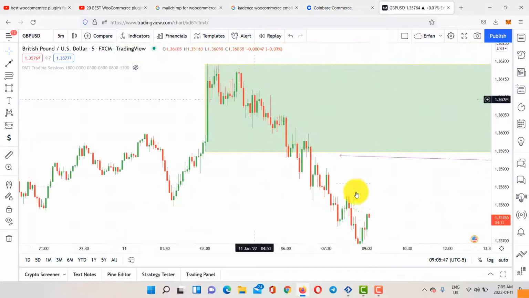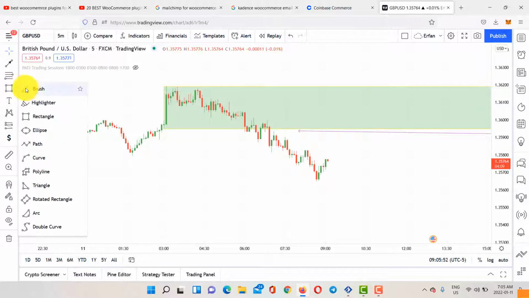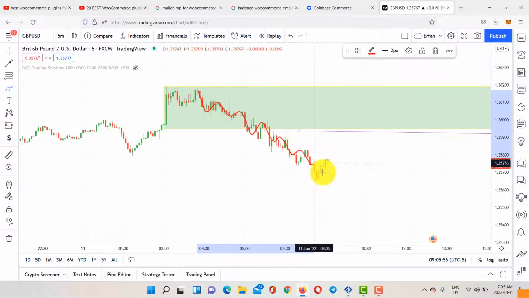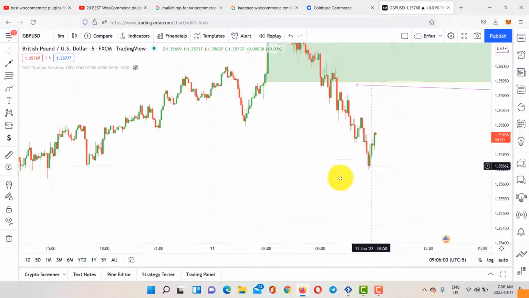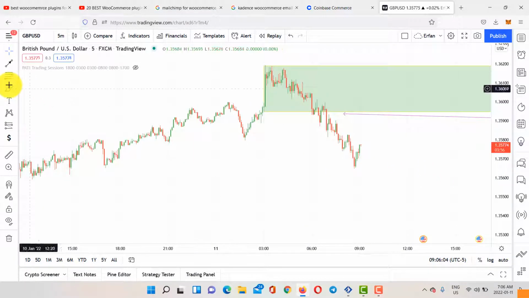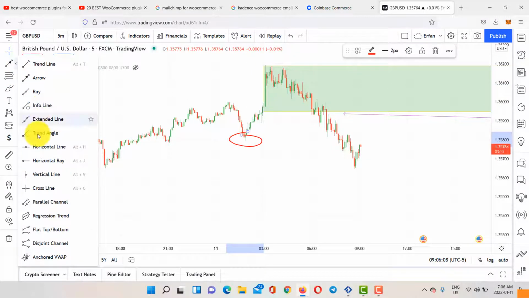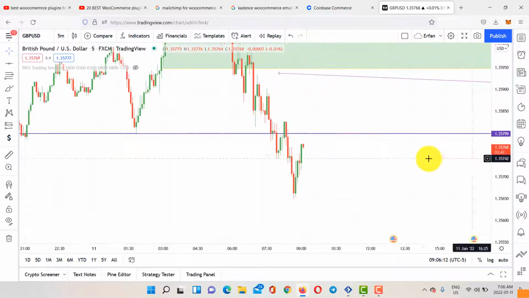So let's go to 5 minutes to see what's ahead of us. Okay, so in 5 minutes, it's exactly the opposite of 1 hour. It's creating lower lows and lower highs, so it's kind of bearish. However, it doesn't stop us from trading long or short, because we shouldn't be biased. Here we have a swing low, which got broken again.